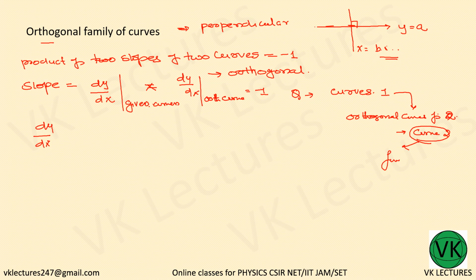So this is the idea. dy by dx of the given curve, I am writing it as g, multiplied by dy by dx of the orthogonal curve, I am writing it as o, that should be equal to -1.